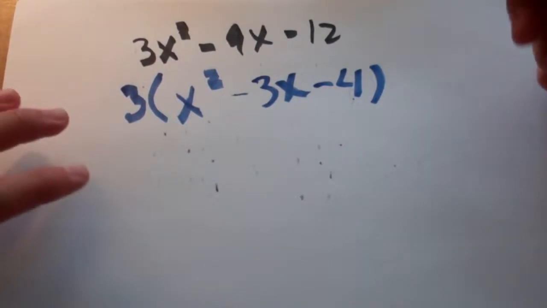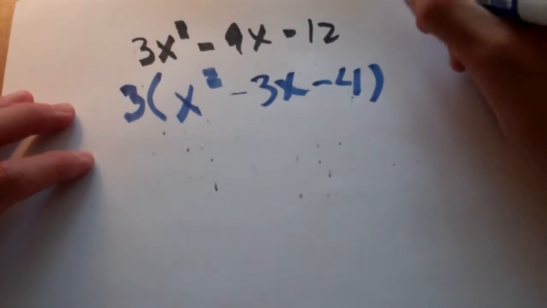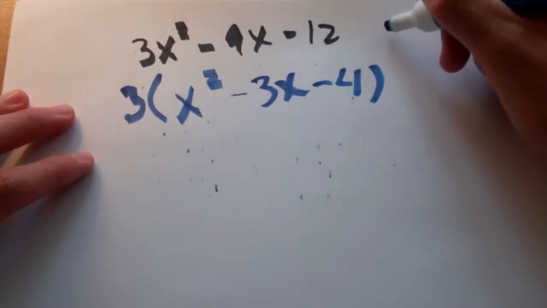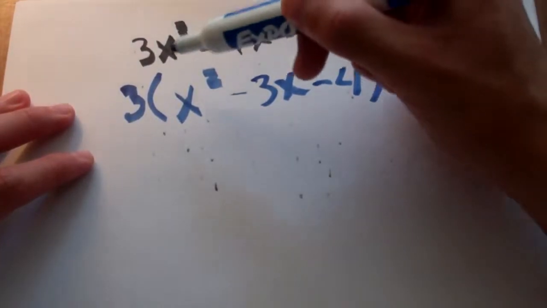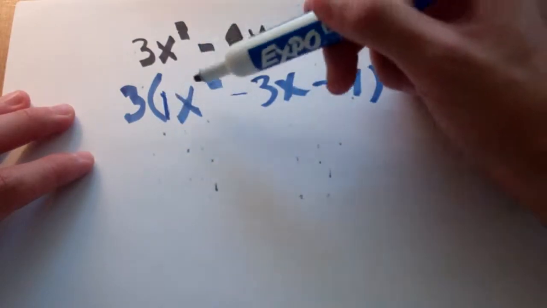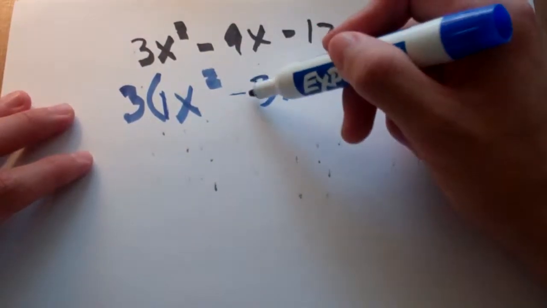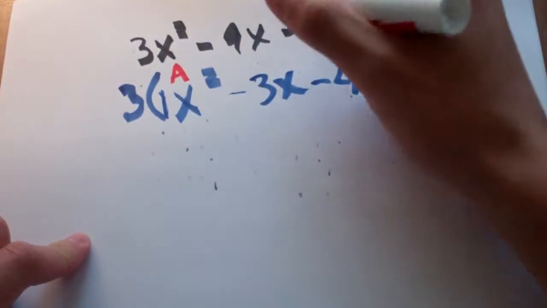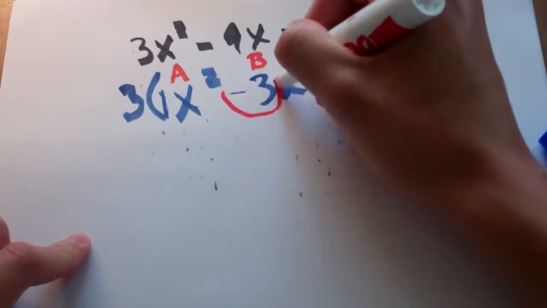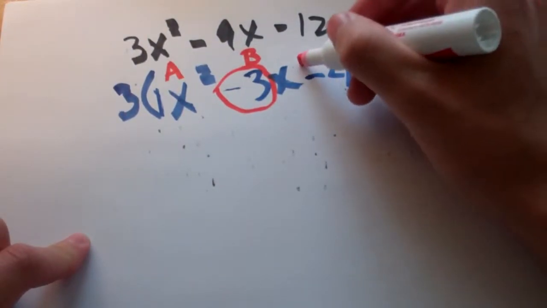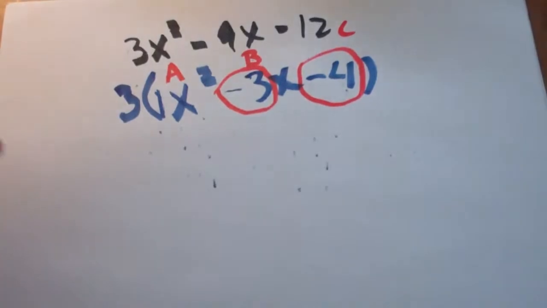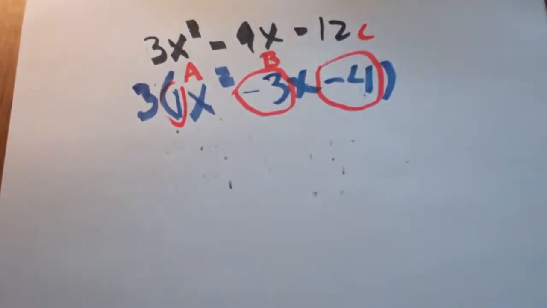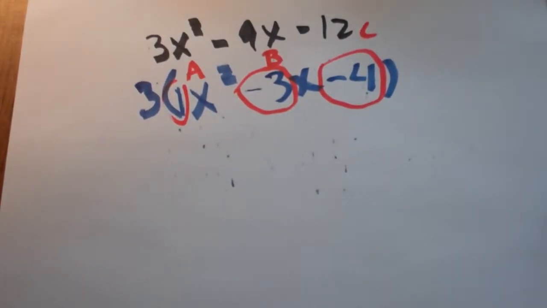Now previously I showed this method. It's called the A times C method, and if I think of it this way, it might simplify things. If this 1 right here is A, this 3 right here is B, and this negative 4 is C. So, just so maybe I can simplify this here.